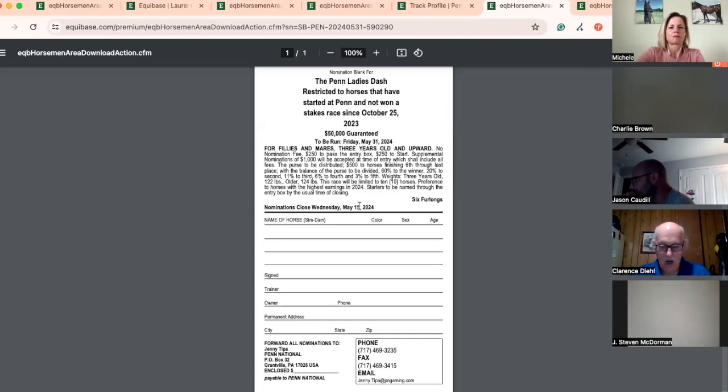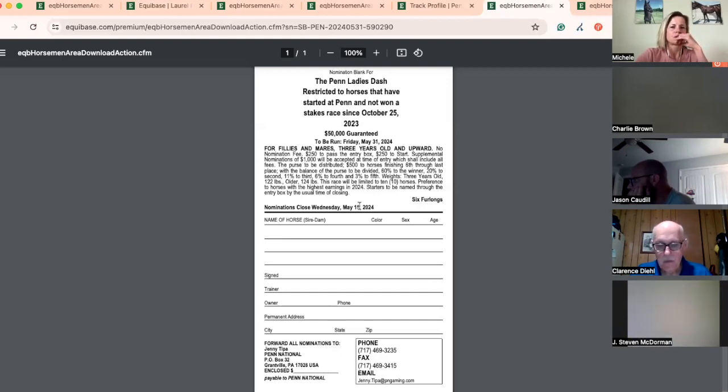And that's what we have here. So we nominated our horses in this case, one called Could Be a Cougar, and the other one, a horse named Fee, into this race.